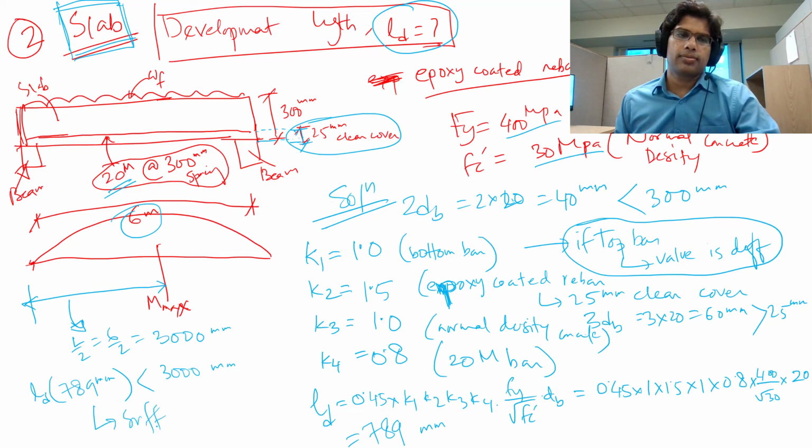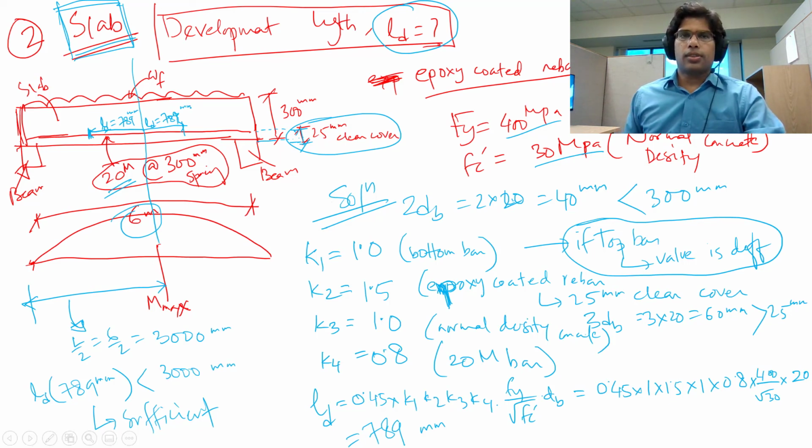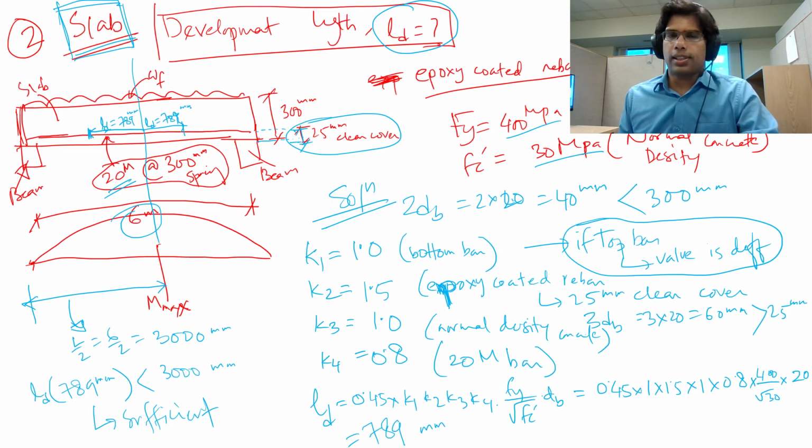So if this is the maximum moment point, the LD value is from there. LD equals to 789 millimeters, and from here to here, LD equals to 789 millimeters.